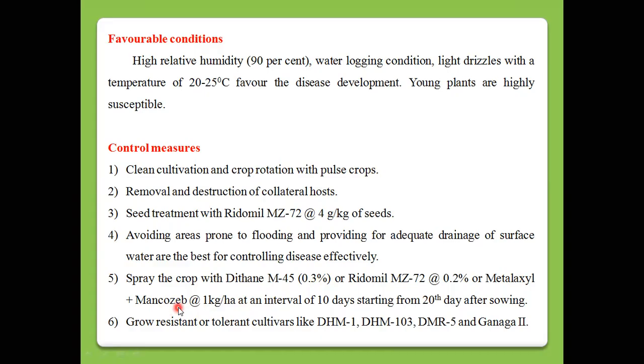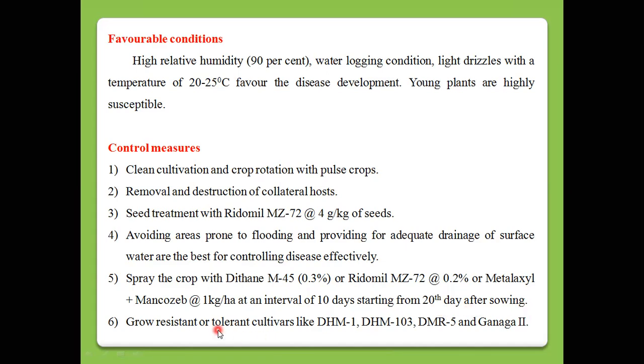This combination product is known as Ridomil. Ridomil is generally most effective against downy mildew fungus in maize. Ridomil can be applied at the rate of 1 kg per hectare at an interval of 10 days. Spraying should start from 20 days after sowing.